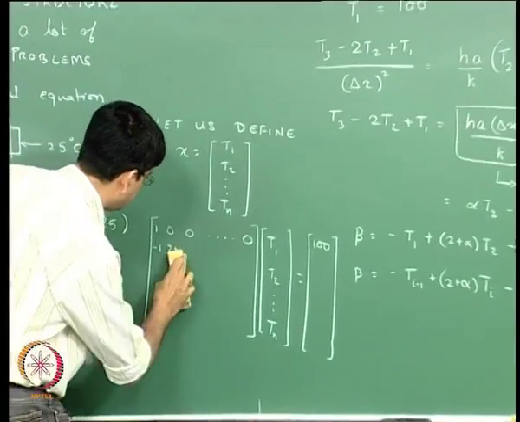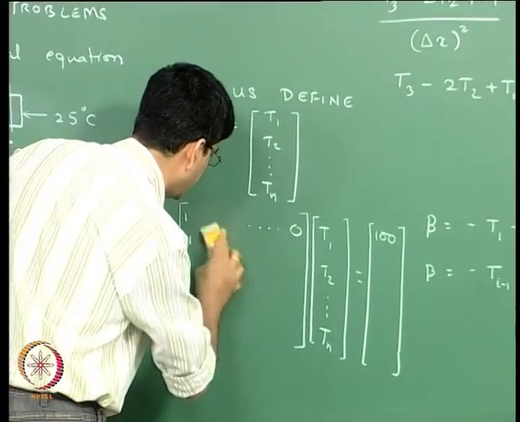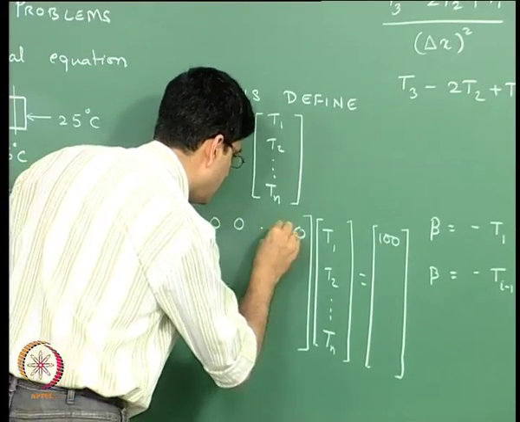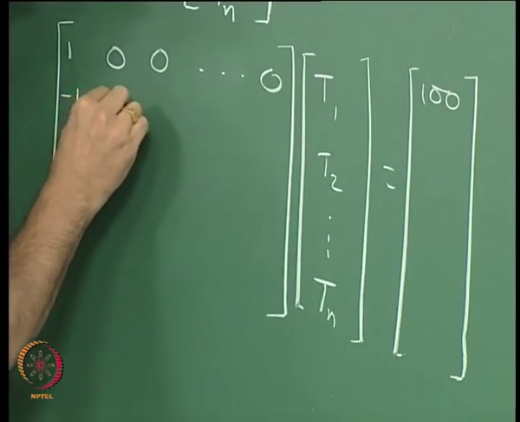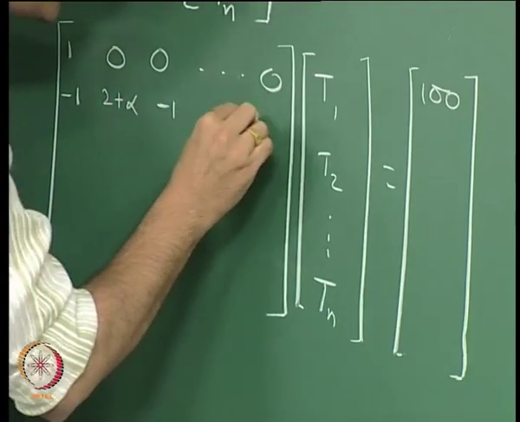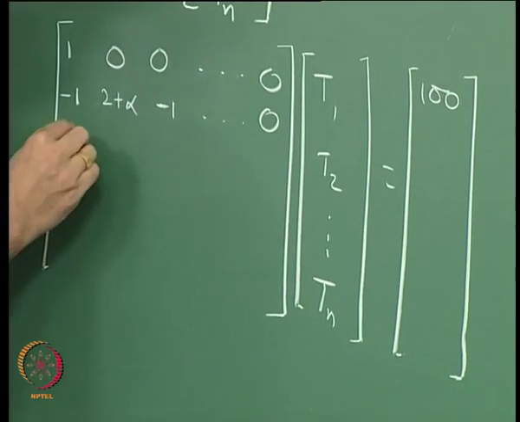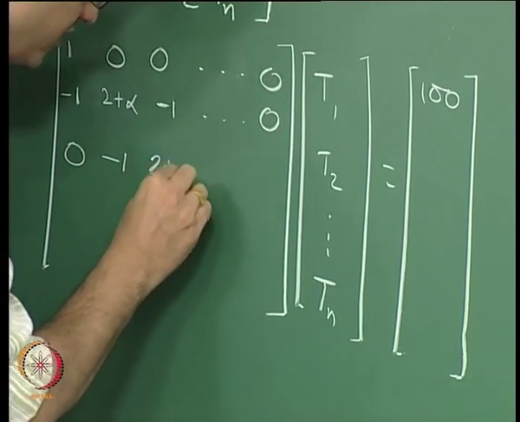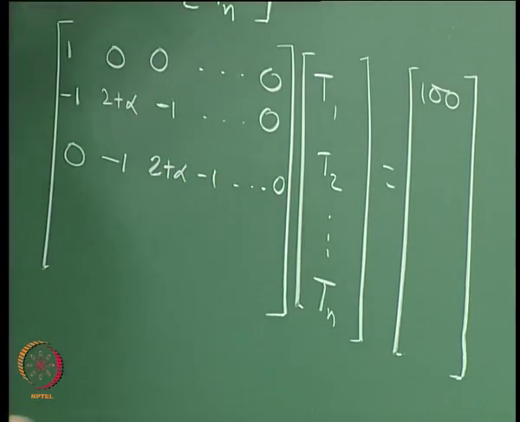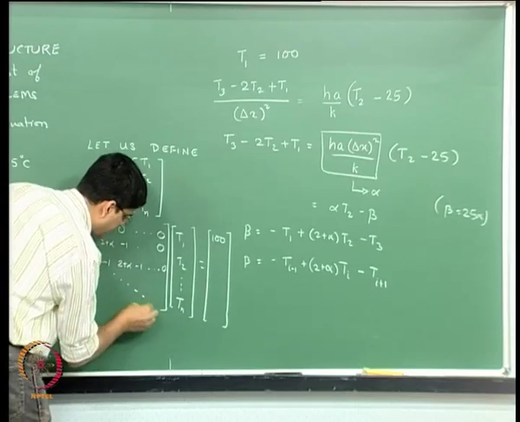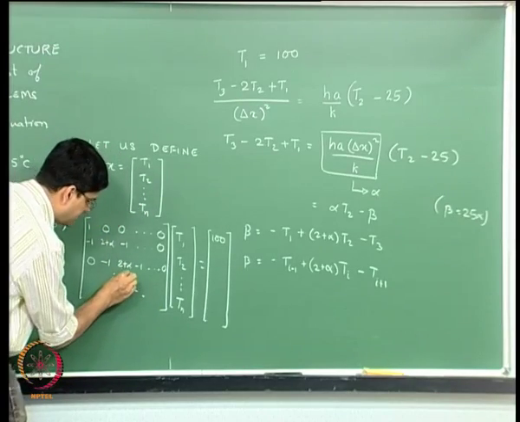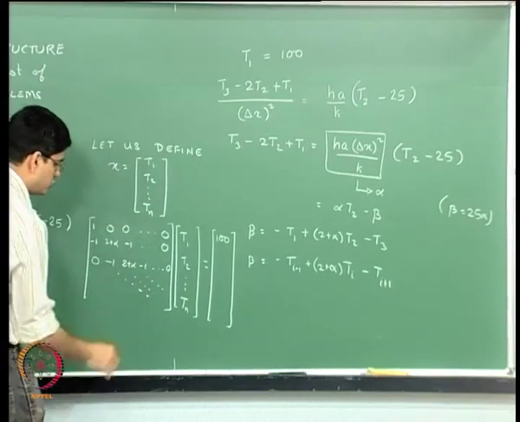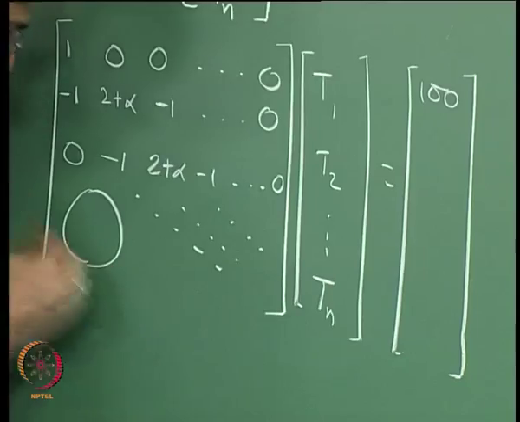I will just rewrite this so that there is enough space for me to write everything. Then 2 plus alpha, minus 1, and the rest everything is going to be 0, and over here we will have 0, minus 1, 2 plus alpha, minus 1, and then everything is going to be 0. This will follow in the subdiagonal element, this will follow in the diagonal element, and this will follow in the super diagonal element, and everything else will be zeros.